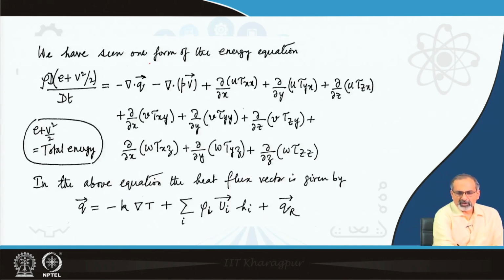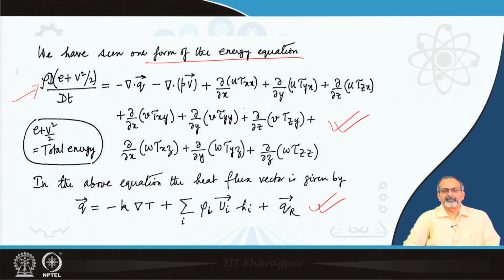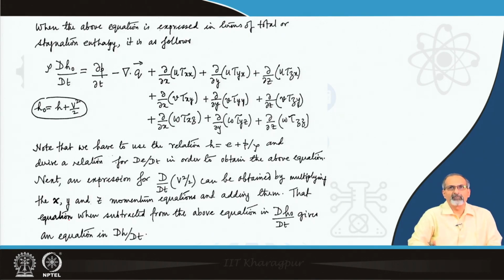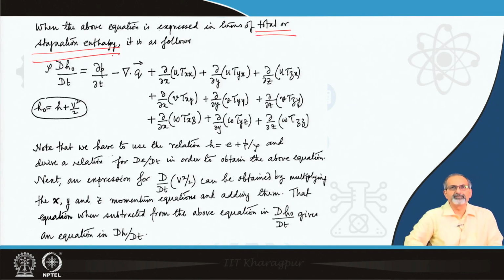Let us move on to some other forms of the energy equation. Here we consider the total energy, we look at the q vector, and if you move on to other forms, then you see total or stagnation enthalpy.